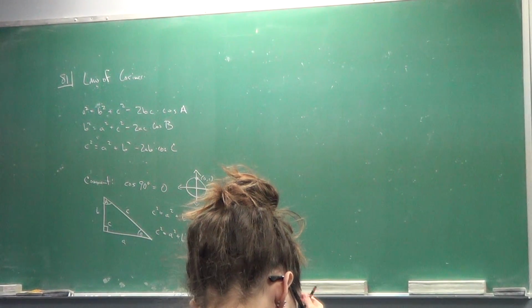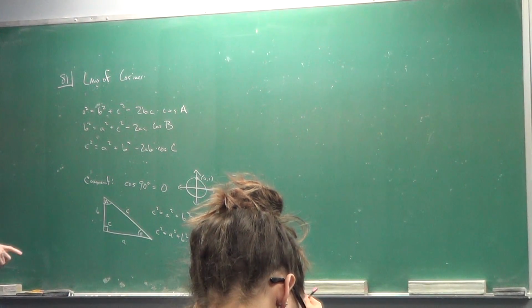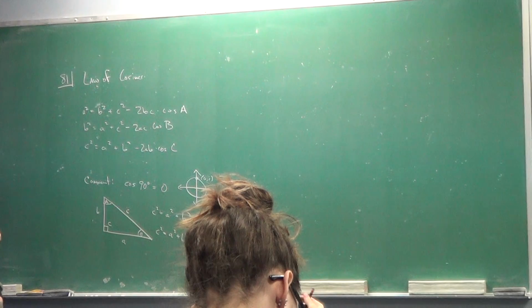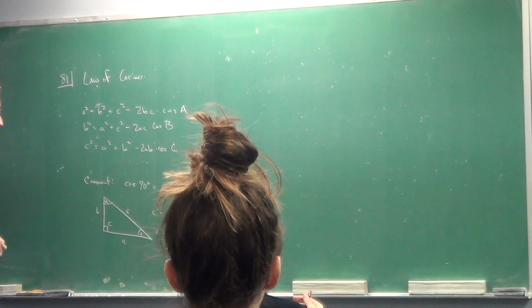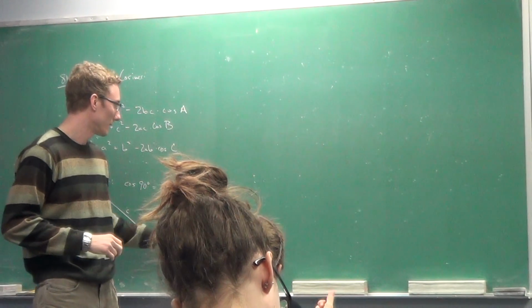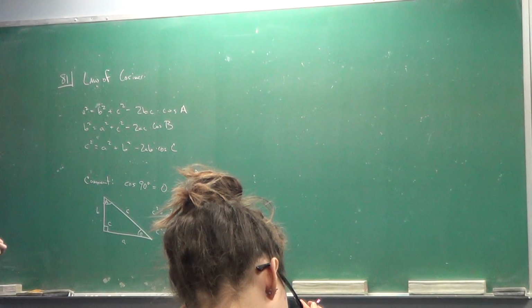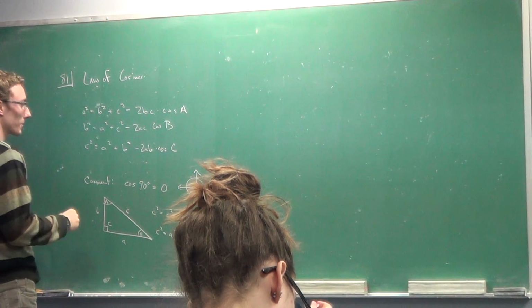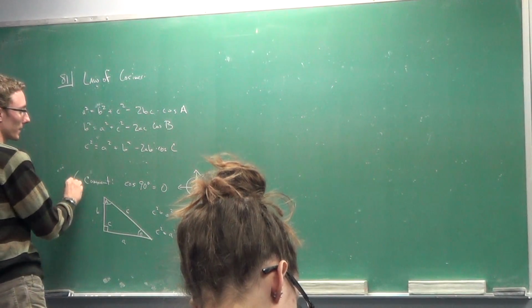Right? So you could think of the law of cosines as Pythagoras for triangles that don't have 90-degree angles. And if your triangle did have a 90-degree angle, the last part would go to 0. So this is a generalization, in a sense, of the Pythagorean theorem.